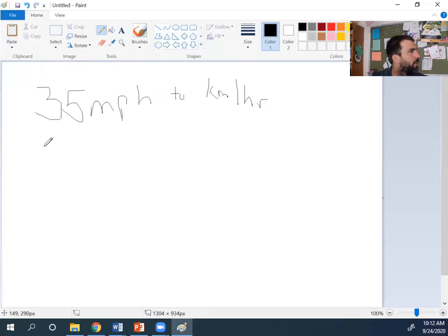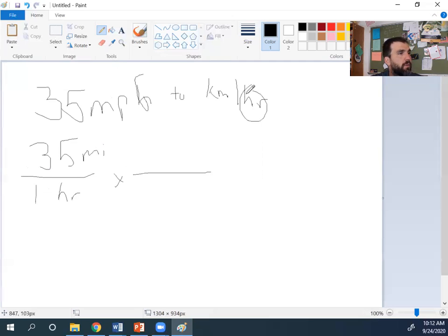So I'm going to take what I know, 35 miles, and miles is MI, even though it's M in that, over 1 hour. Which one am I converting, the miles or the hours? No, I'm leaving my hours. I've got hours in this one and hours in that one, okay? So I need to convert miles to kilometers. So my miles is going to be here, and my kilometers is going to be here.